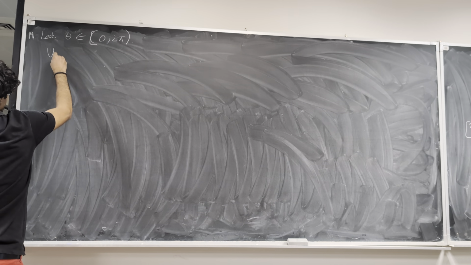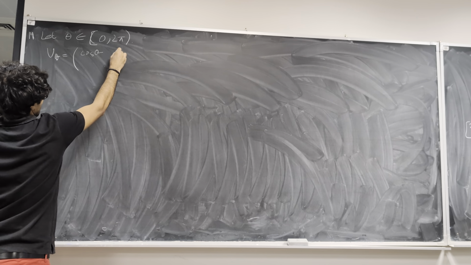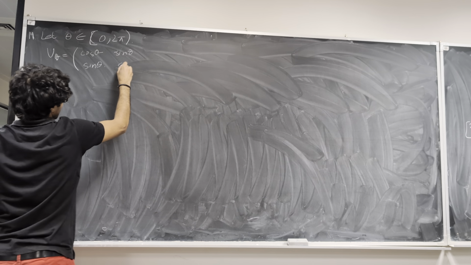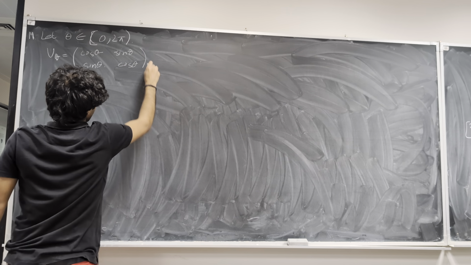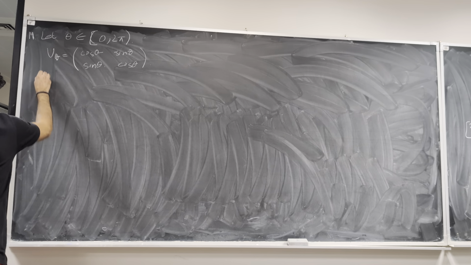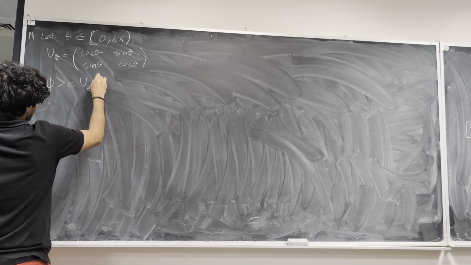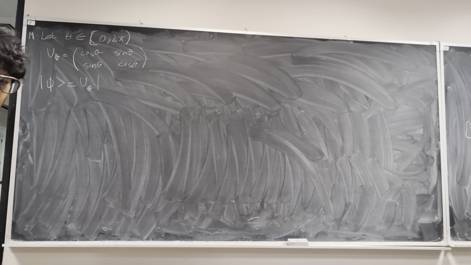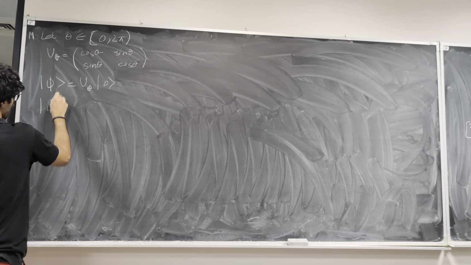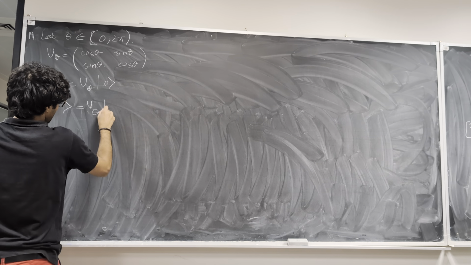U of theta be equal to the rotation operator क्या होता है, ठीक है. अब आप लोग कंप्यूट मुझे जो करते हैं वो phi is basically U of theta times 0, phi perpendicular is U of theta times 1.